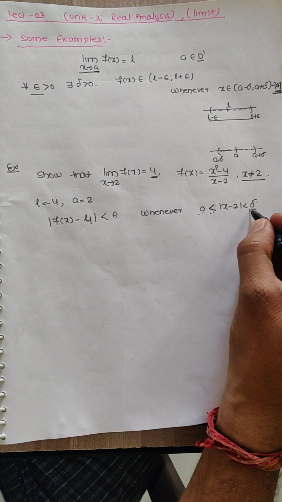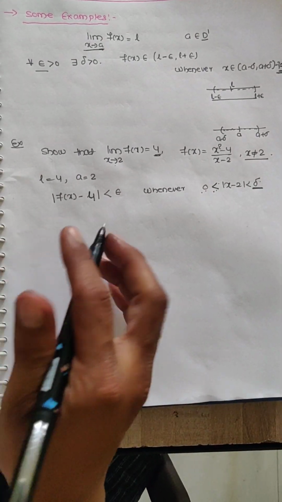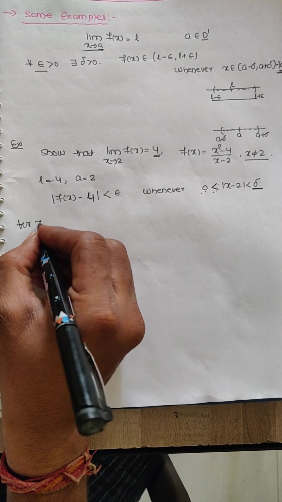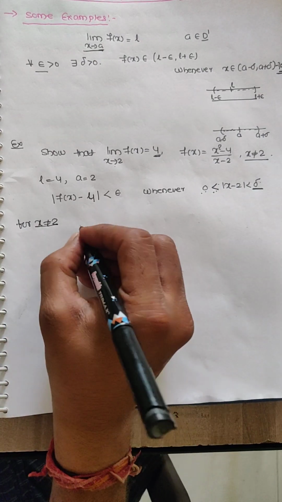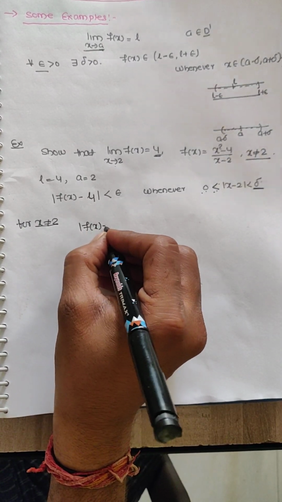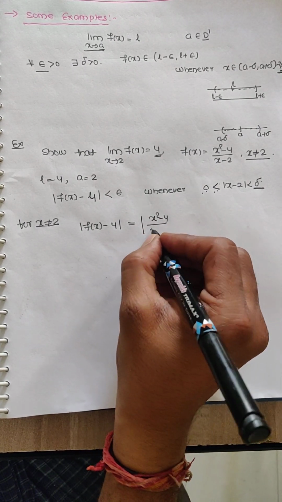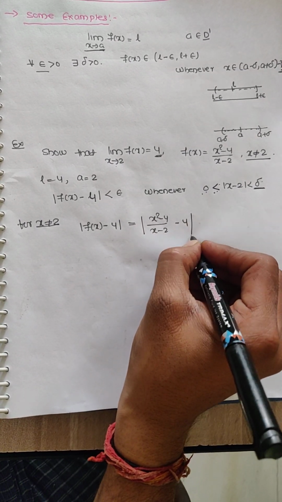So my aim is to find what that delta is. First of all we find f(x) minus 4. For x not equal to 2, f(x) minus 4 is equal to x square minus 4 by x minus 2, minus 4.